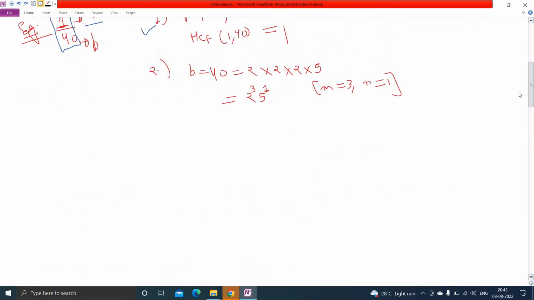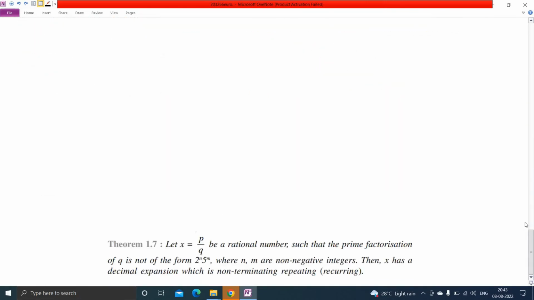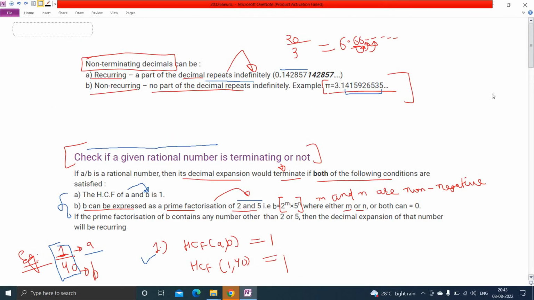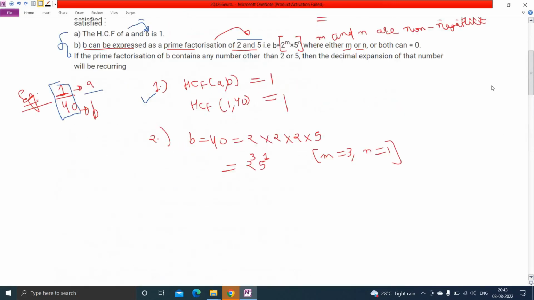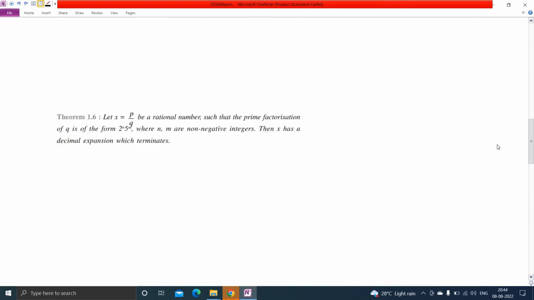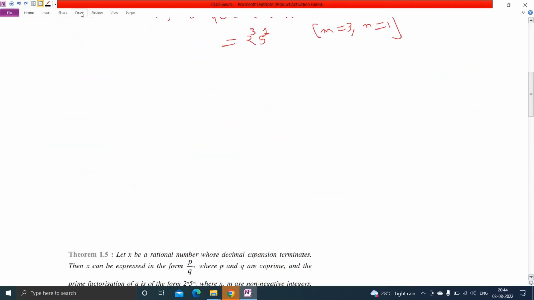This 1 upon 40, if I divide it, wait a minute, I think my file has been lost here, so no worry, I will divide it again. 1 upon 40. Here 1 will come, here 40 will come.